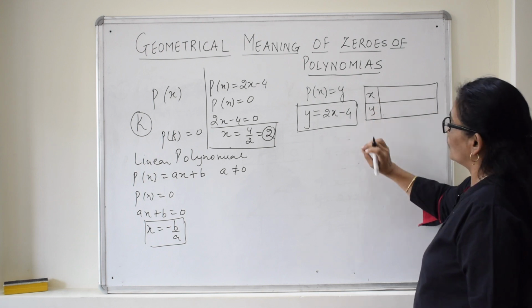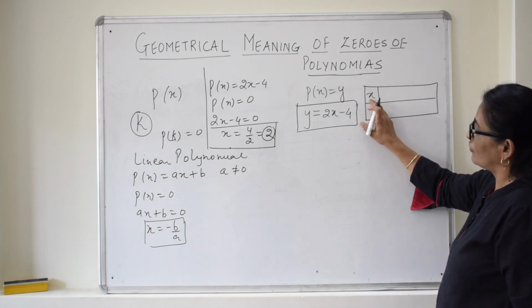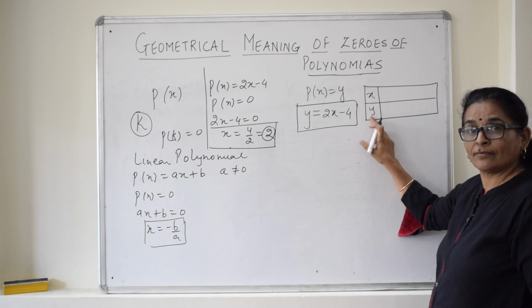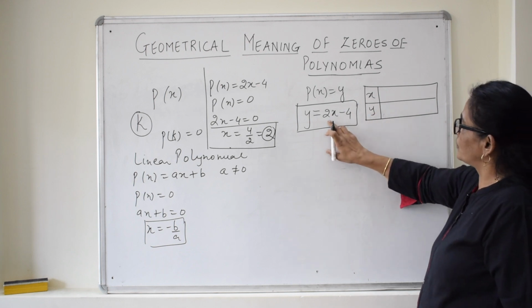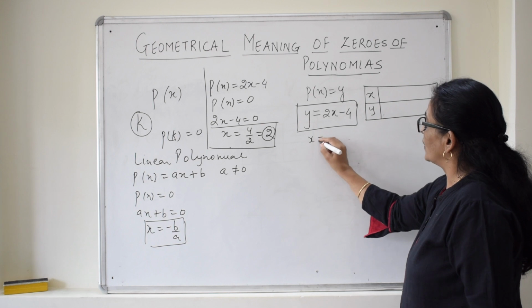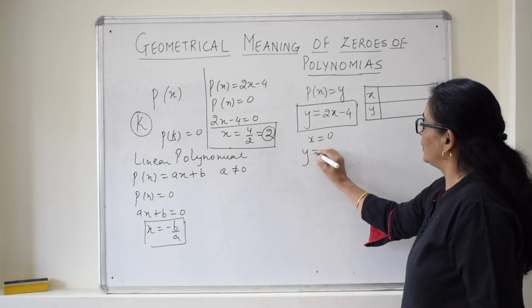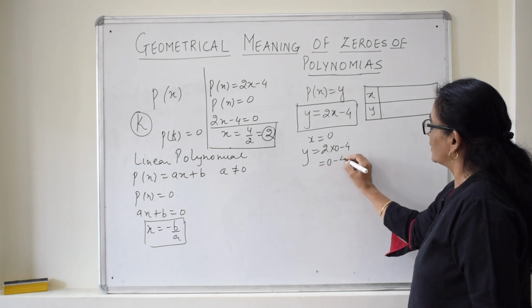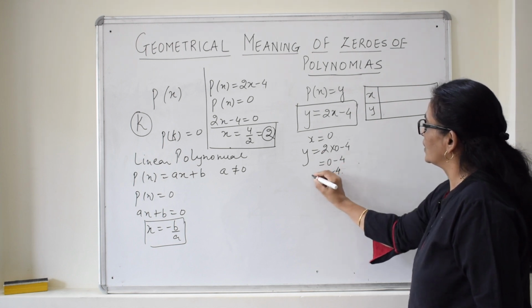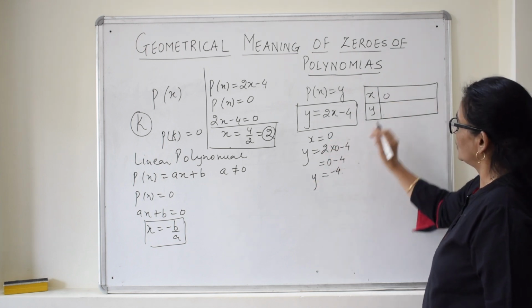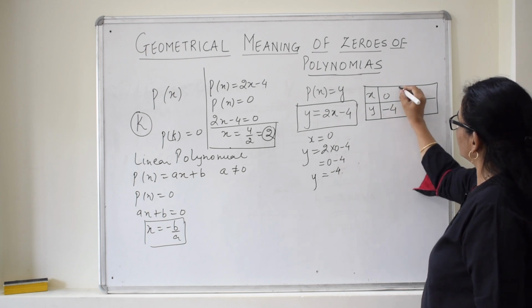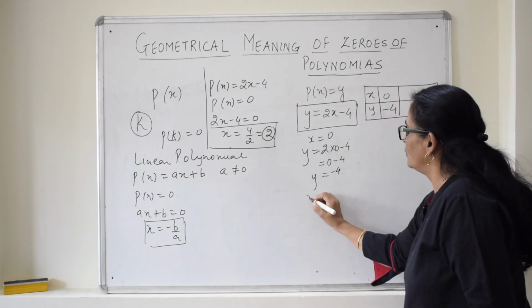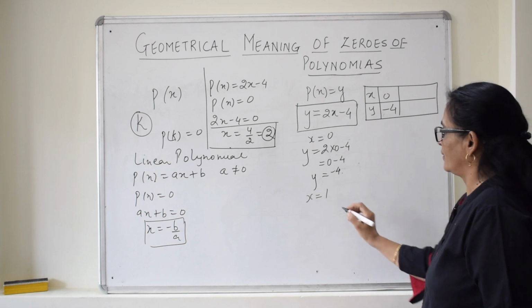For x and y, we will take any value of x and find the corresponding value of y. First, suppose we take x is equal to 0. So y will be 2 into 0 minus 4, that is minus 4. So for x is equal to 0, y is minus 4. Now let's take another value, x is equal to 1.